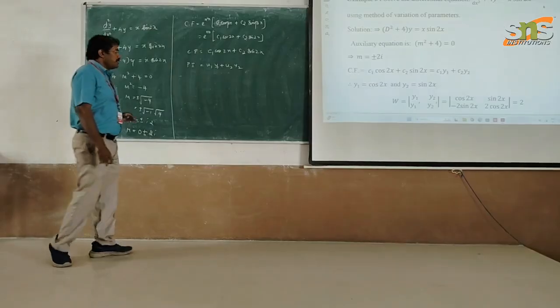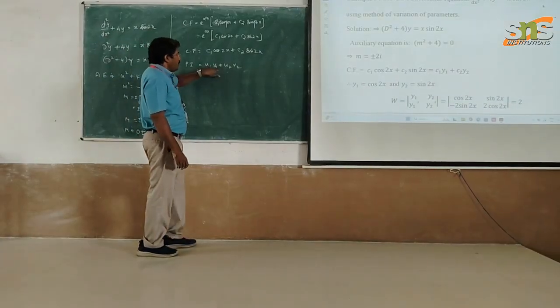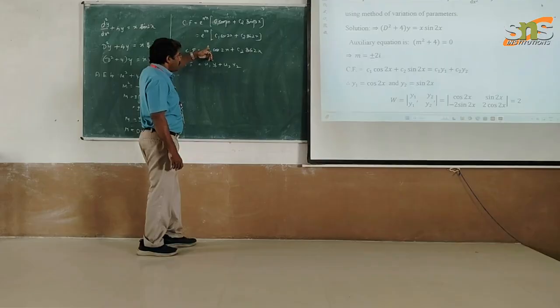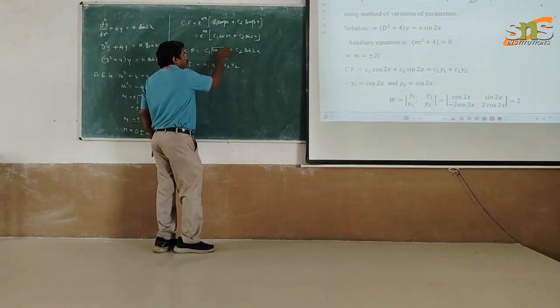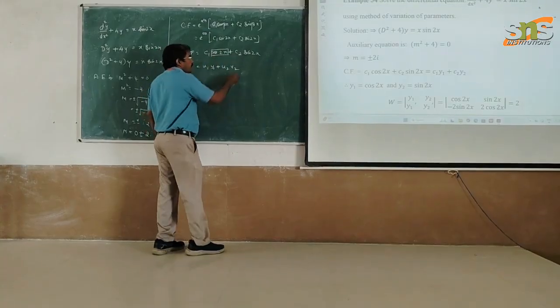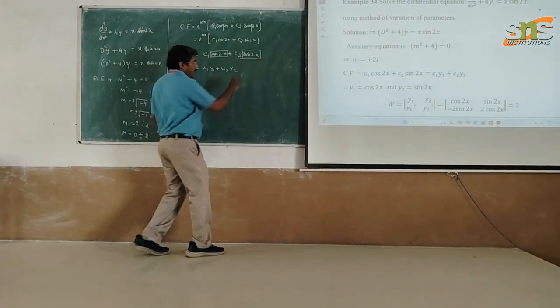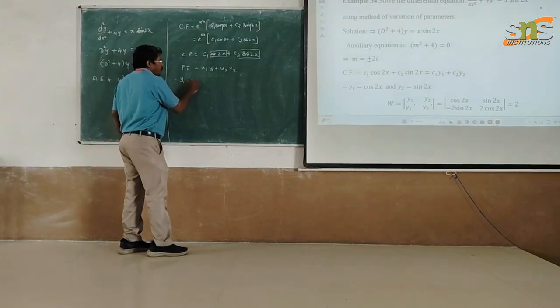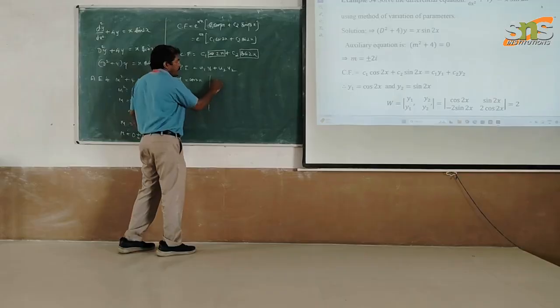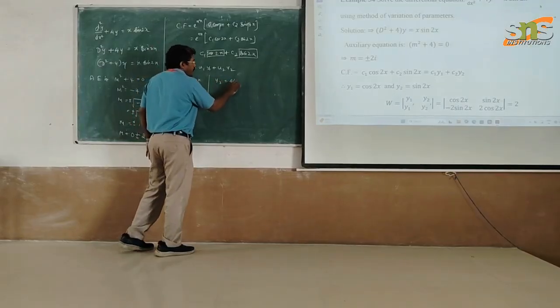In order to find the particular integral, here you have u1 y1, u2 y2. From where do we get y1 and y2? We get them from the CF. The coefficient of c1 is your y1, the coefficient of c2 is your y2. So your y1 is cos 2x, your y2 is sin 2x.